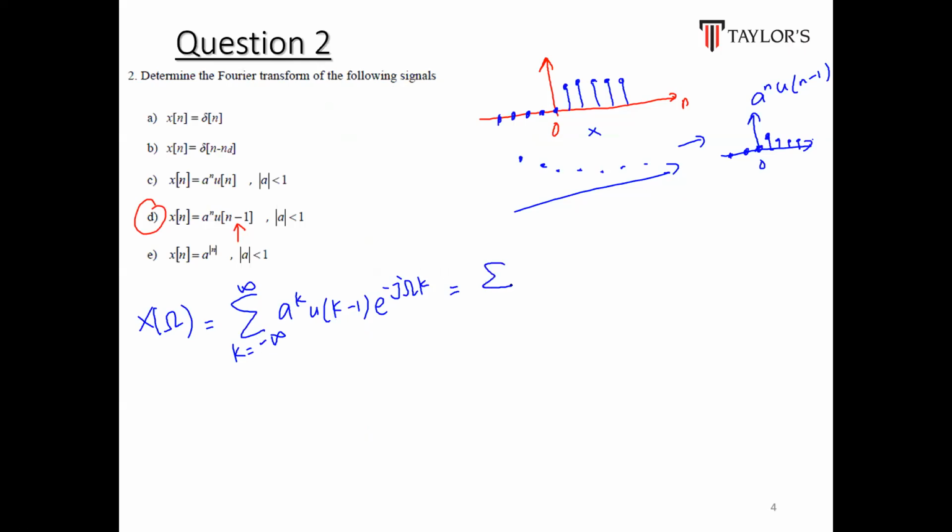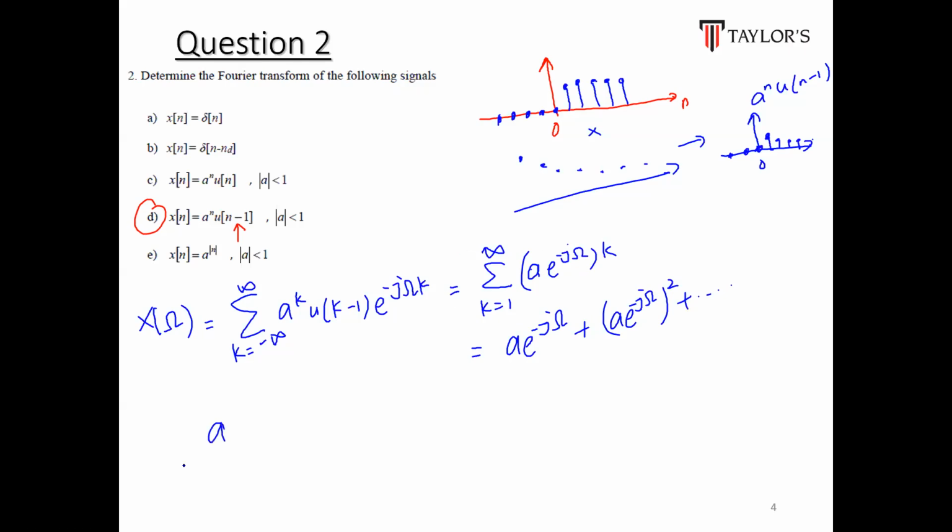Now it becomes 1 to infinity. Now this one becomes a e negative j omega k. Very similar to just now, except that now you don't have k equals 0. So if you write this out now, you get a e negative j omega plus a e negative j omega squared plus all the way.